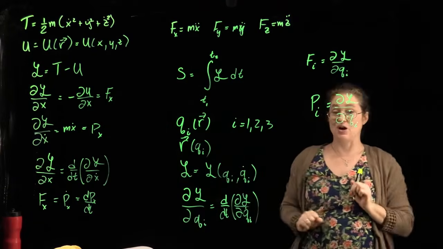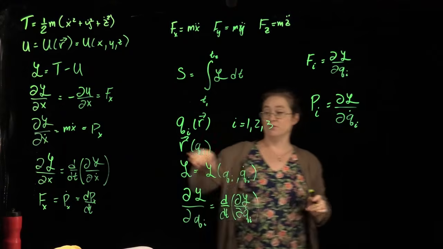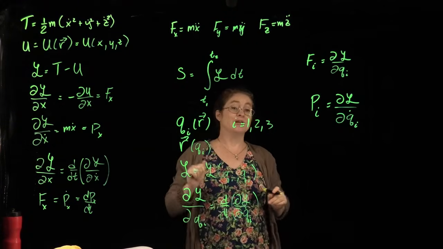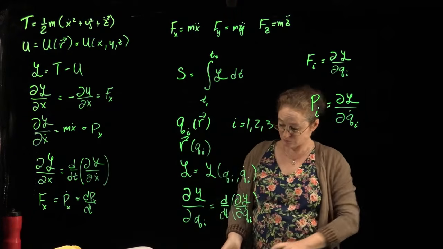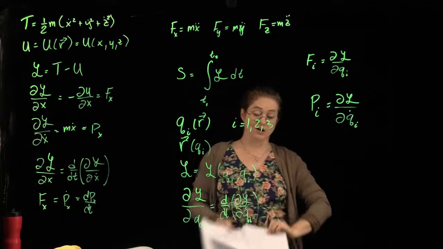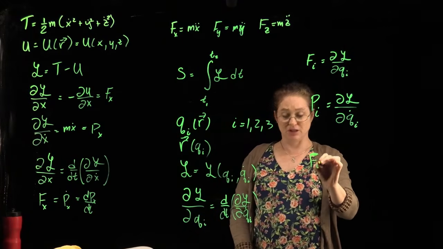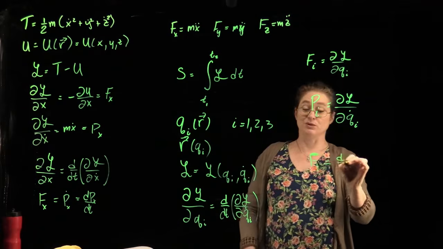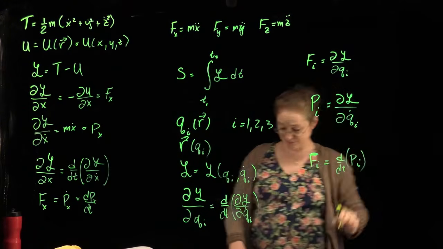If the q_i are a distance, the generalized momentum has a unit of momentum, but if it is not, it can in principle have different units. So then our Lagrange equations say that the generalized force is equal to the time derivative of the generalized momentum.